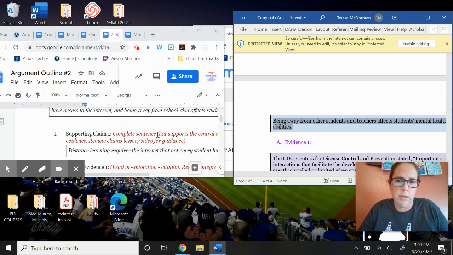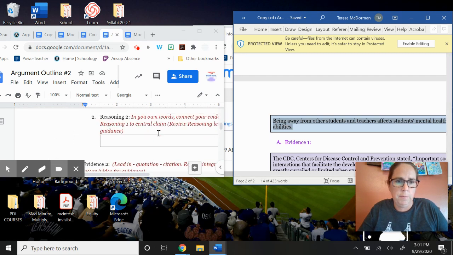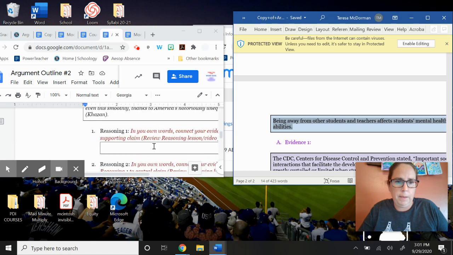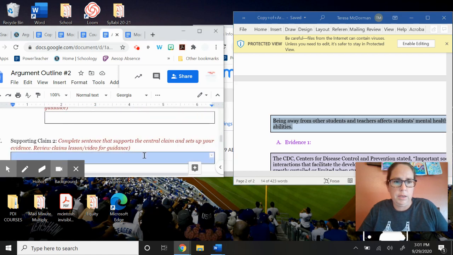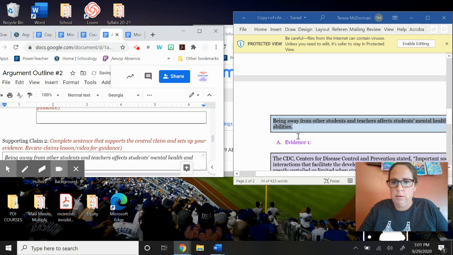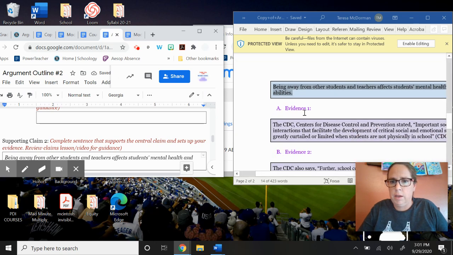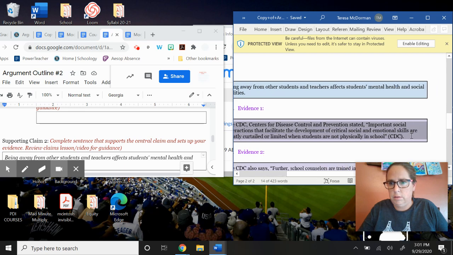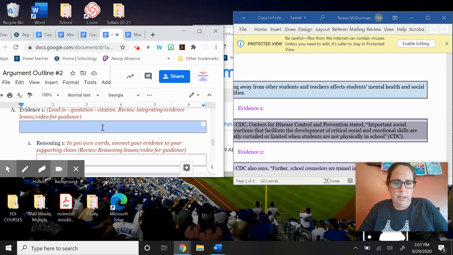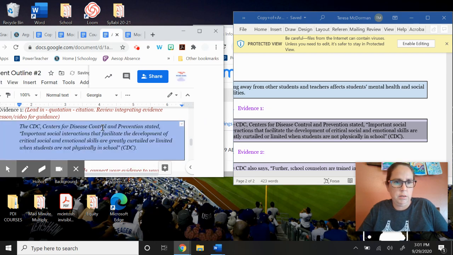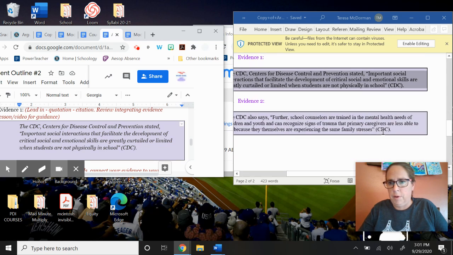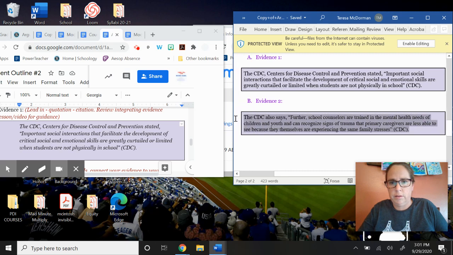I'm taking my next supporting claim, and I'm going to put that here. And I'm going to take my evidence, which again has that lead-in information. Okay. And I don't mind if it takes the purple over, that's fine.